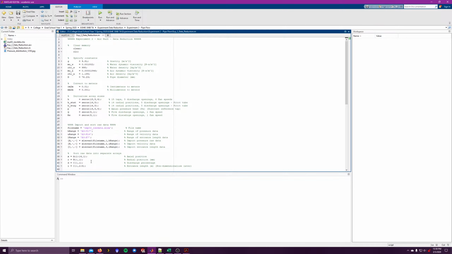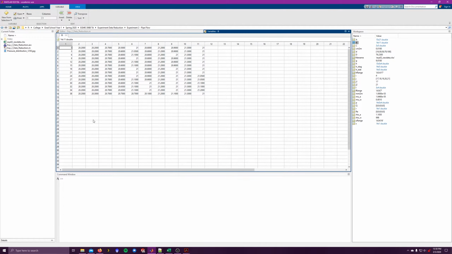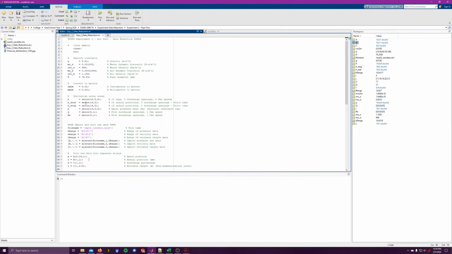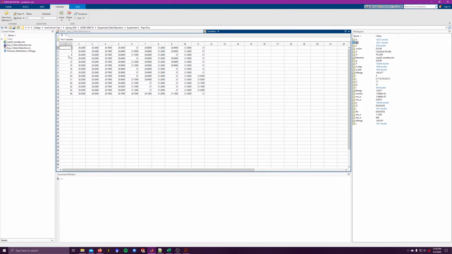The radial position, that was on sheet 2. Let me run this, and that'll make more sense. So I imported it onto the variable b here, so the radial position is on b. For that, we're taking all of the rows in the first column.